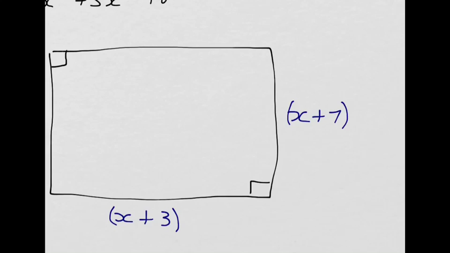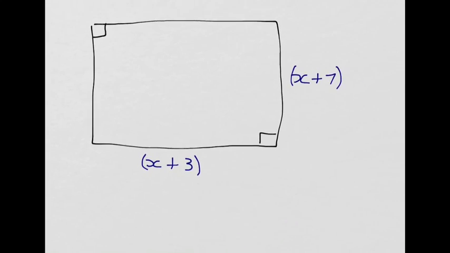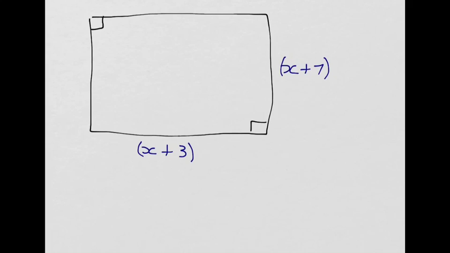With me? If I asked you to find an expression for the area of that rectangle, what would you do? Length times the width. Yeah, what you normally do for any area of a rectangle problem. You go the length times the width. And it doesn't matter that we have algebraic expressions for the length and width. We do the exact same thing.